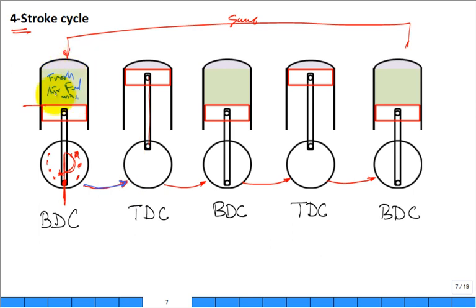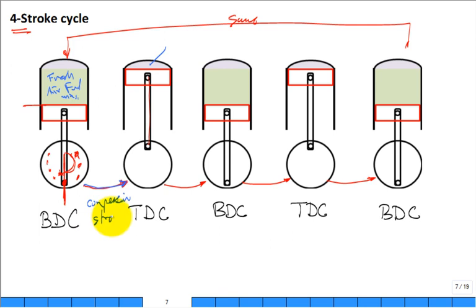There's no valve letting anything in or out. It's trapped. So it becomes compressed. If you were the first one to observe this, you would give that stroke a name. You would think, well, what's happening during that stroke? I'm taking a large volume and smashing it to a small volume. I'm compressing the gas in there, so they call it the compression stroke.